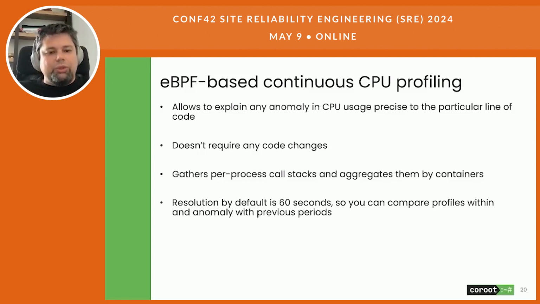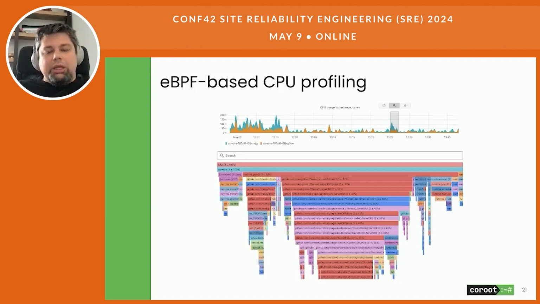In the case of Coroot, we store all the telemetry data except metrics in ClickHouse. Here we have an example of how to use profiling data to explain CPU consumption. We can use the CPU usage chart, select some area and see the flame graph, reflecting what part of your code consumed more CPU. In this case, it's an example of the CoreDNS component of Kubernetes, and we can see the particular function calls here.